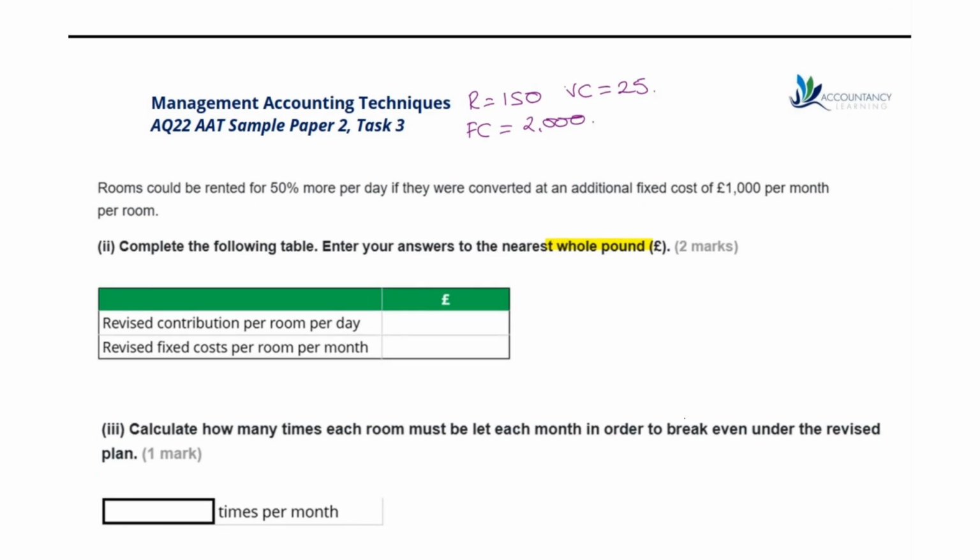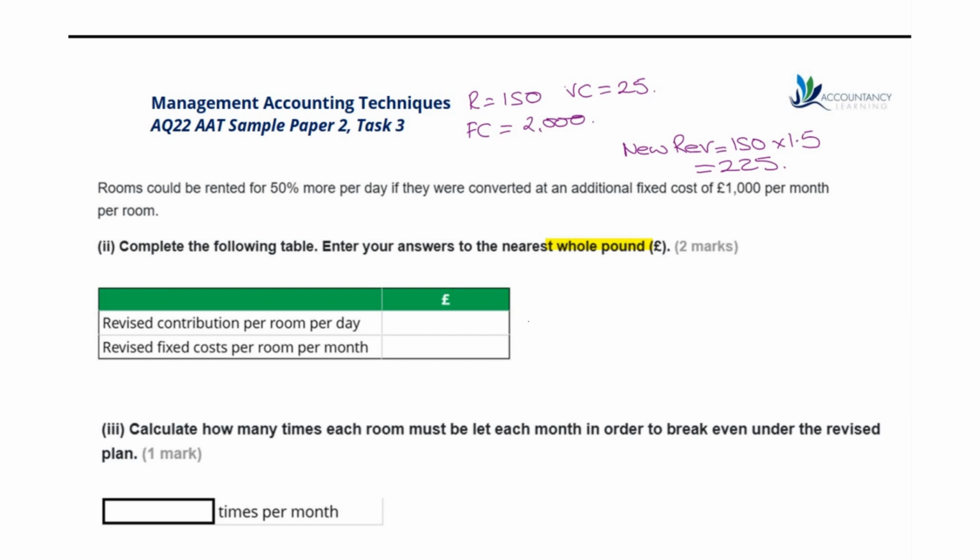So we could now make 50% more revenue per day if we do the conversion. So our new revenue is 150 times 1.5, so 50% more. So our new revenue is 225.